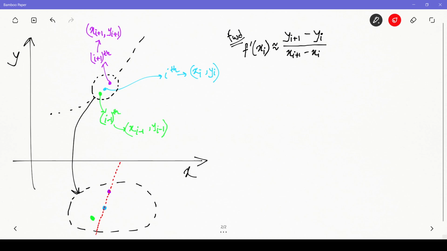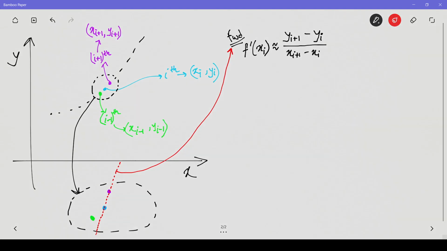So our actual curve is something like this. We don't know what the actual function is, but we are saying that the value of the derivative at the point x sub i, the first derivative, is the slope of the straight line that passes through the ith point and the i plus 1th point. Okay, so this is what my forward difference says. This thing over here is my forward difference approximation of the derivative.